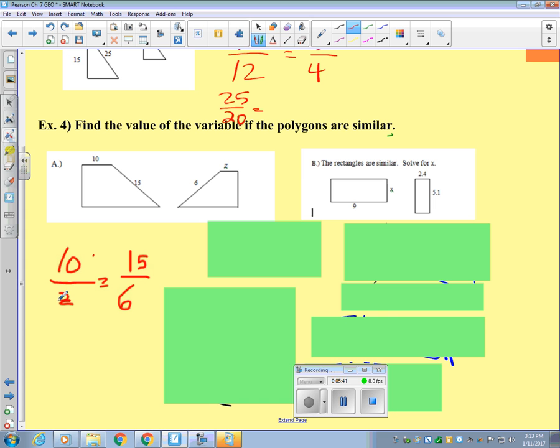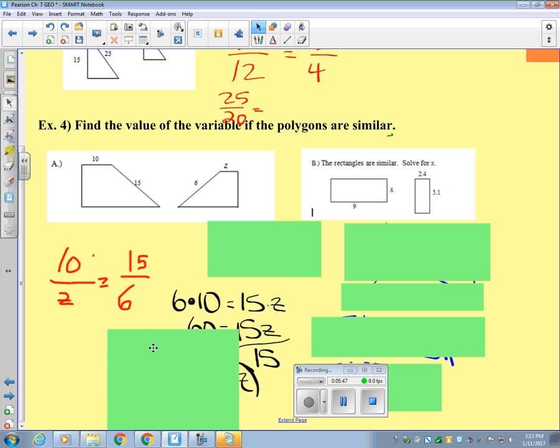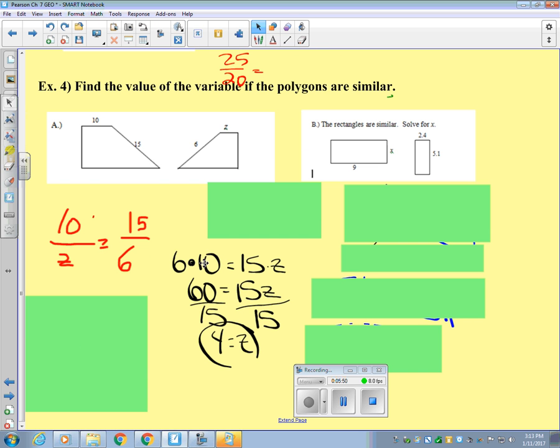And when I cross multiply using the cross products property, we get 6 times 10 equals 15 times z. I divide both sides by 15, and I get z is equal to 4.